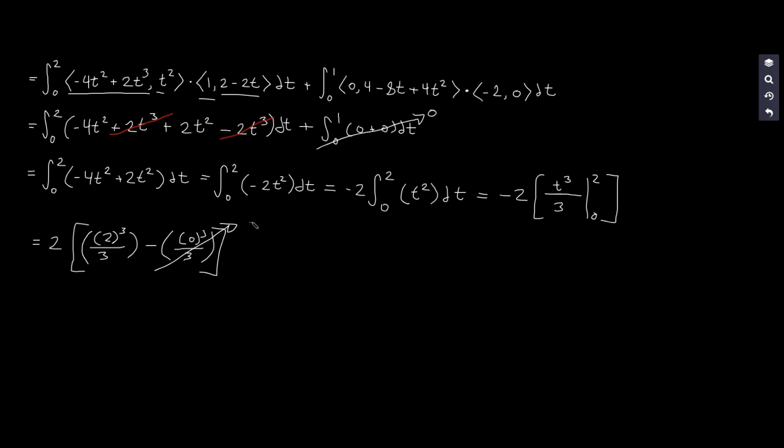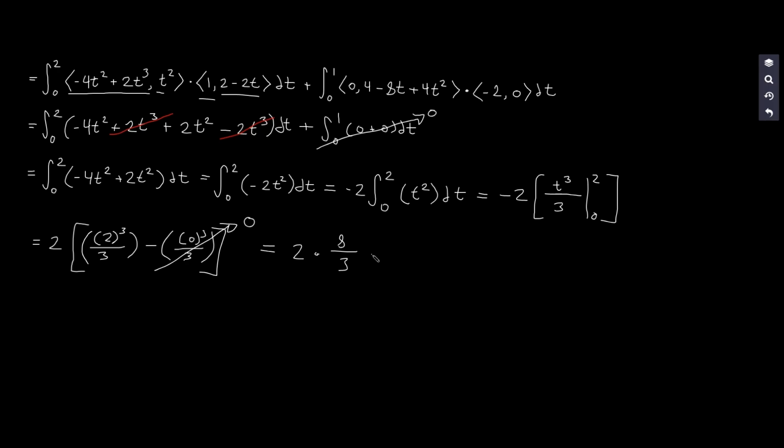Hey, look, this gets zeroed out. So it's going to be 2 times 8 over 3. 2 times 2 is 4, times 2 is 8.